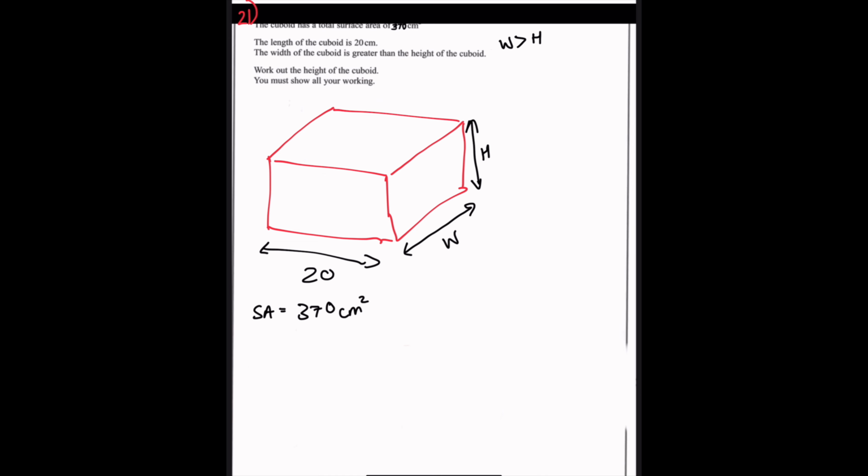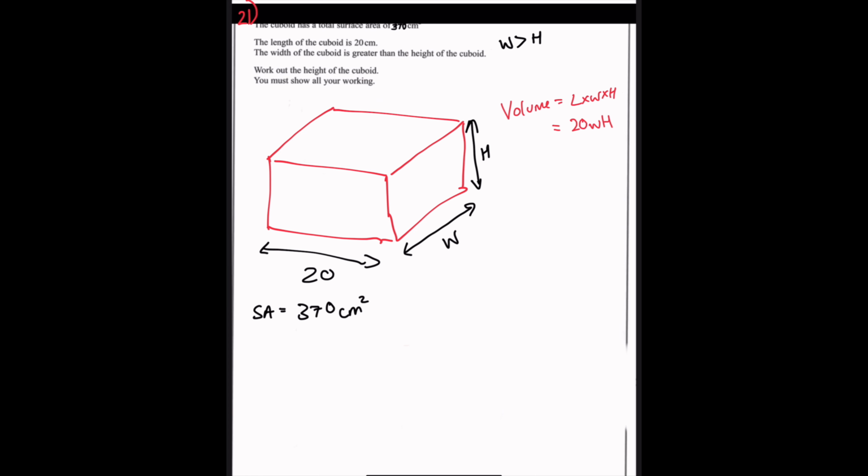To work out the volume, it's length times width times height, which is the same as 20 times W times H. I will leave it as that for now. Do we have a value for the volume? I think I've cut off part of the question.